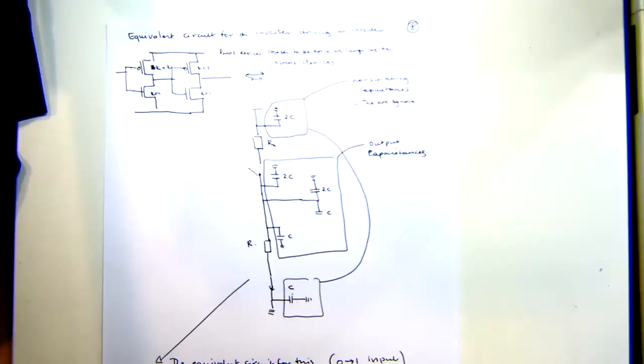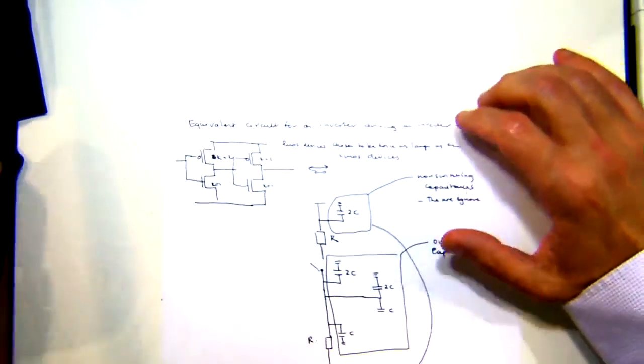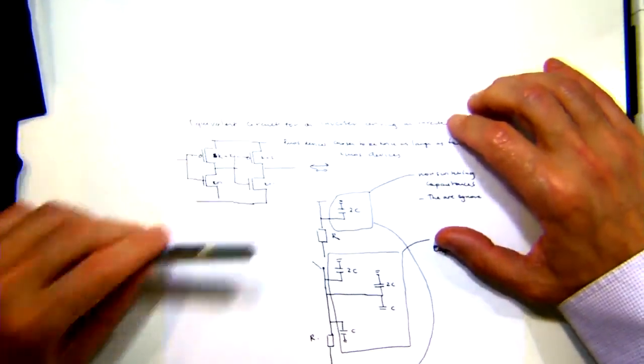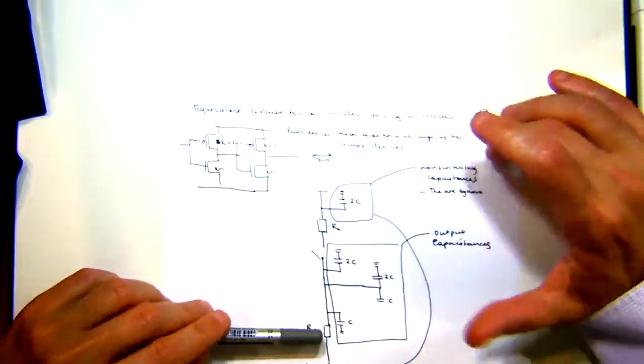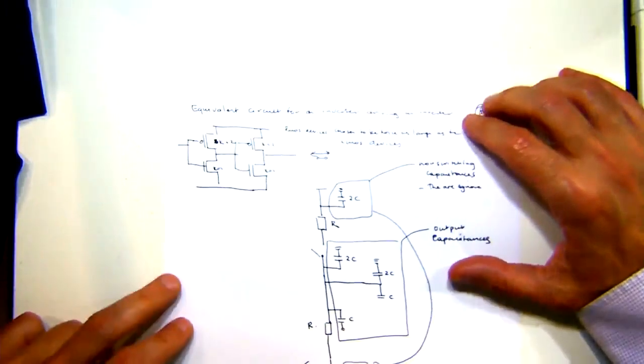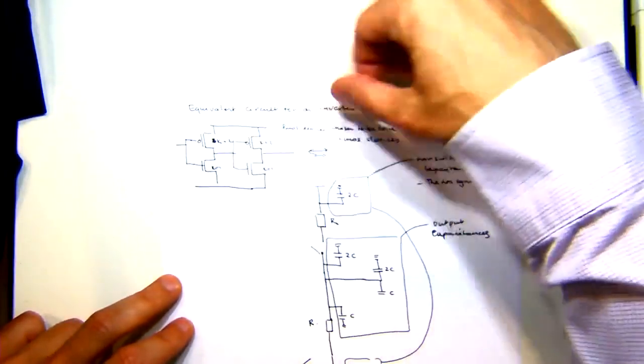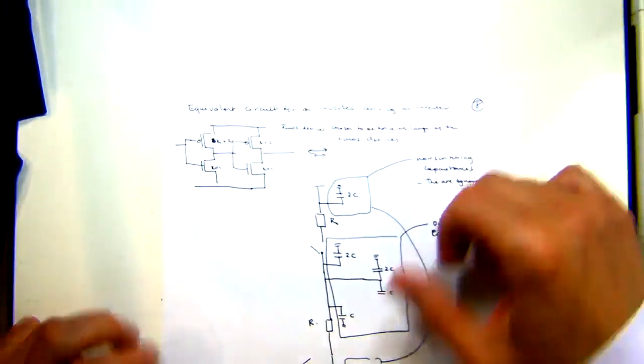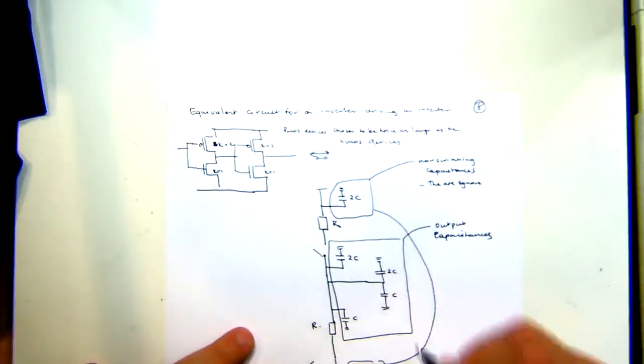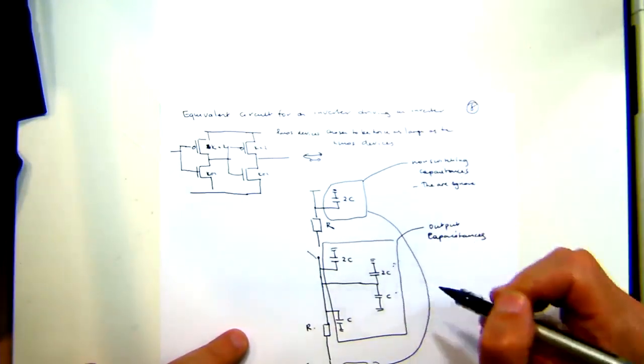So what I've done here is go through the process of drawing this equivalent inverter circuit: an equivalent inverter driving another inverter. Why have I got C and 2C here?